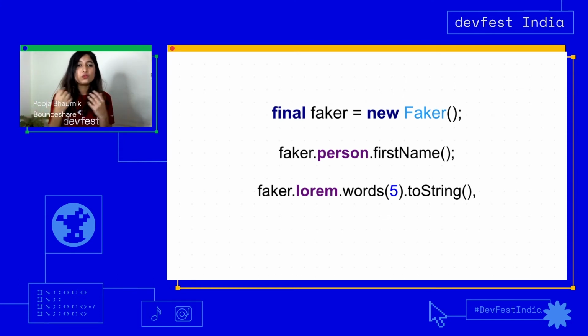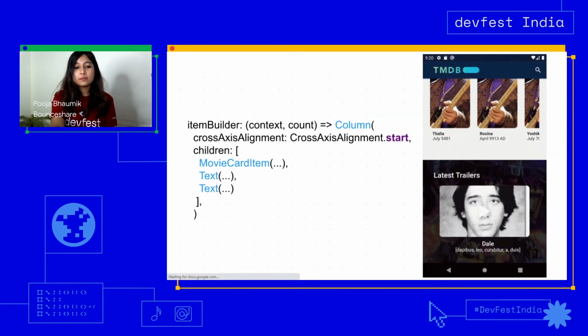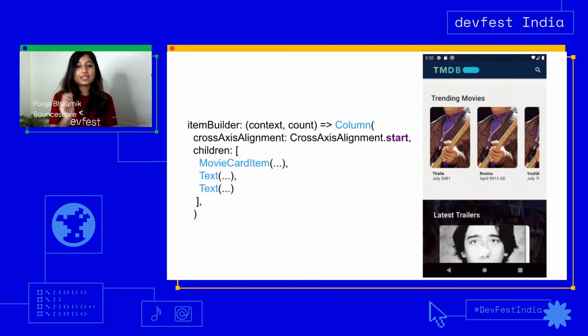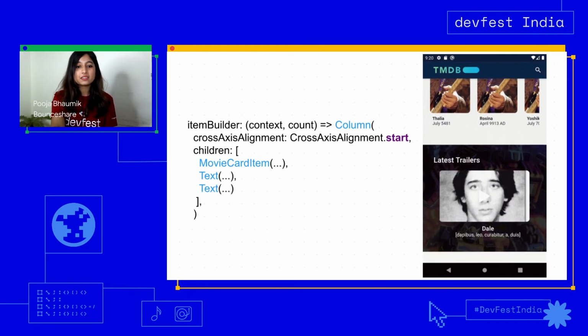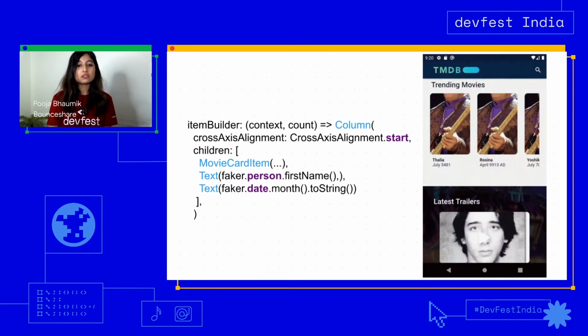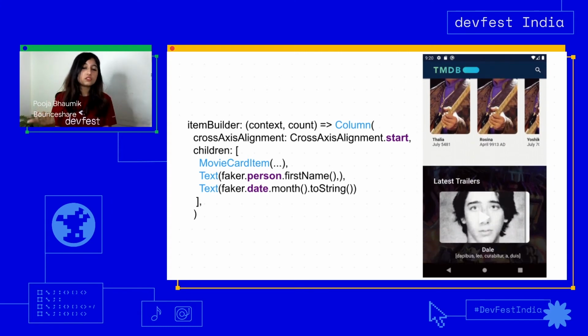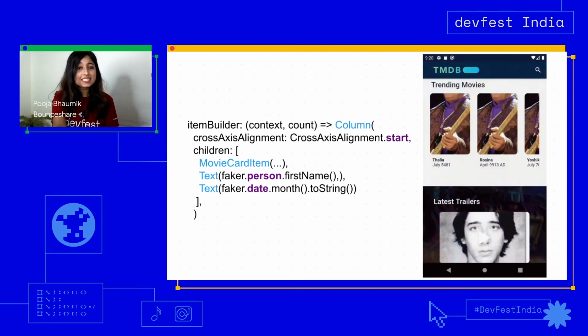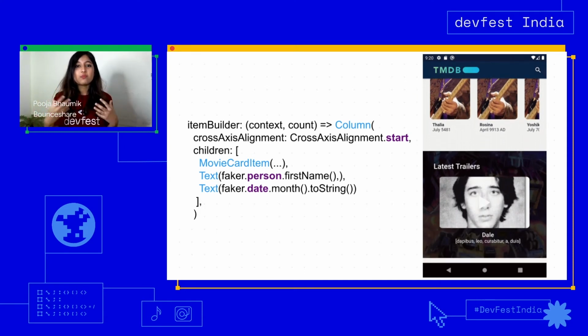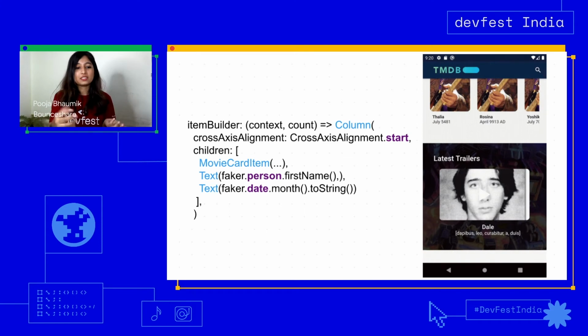So you can use so many things with your faker library. So this will look something like this, where the text now gets populated with faker.person.firstName instead of a hard coded string. This is a great way of using a library to enhance your project.